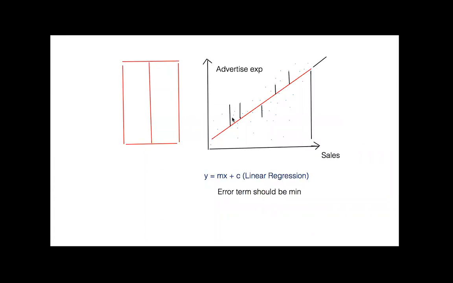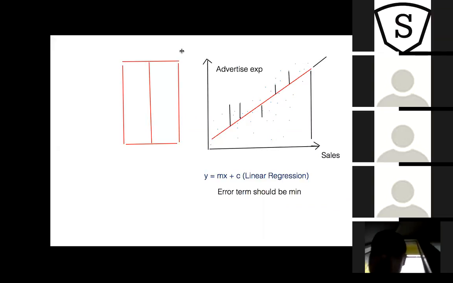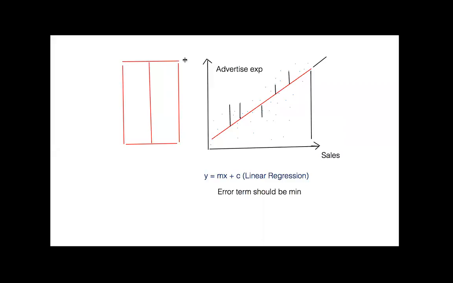Based on the previous records, the team will sit and analyze the earlier 2 years, 3 years of trend, and they'll come up with this chart. Then they'll go to the management and say, if you are spending 10 million, let's say the 10 million is somewhere here, you'll probably get a sale of 150 million.